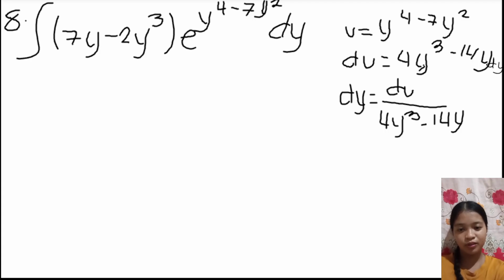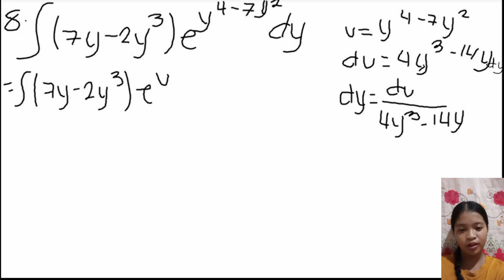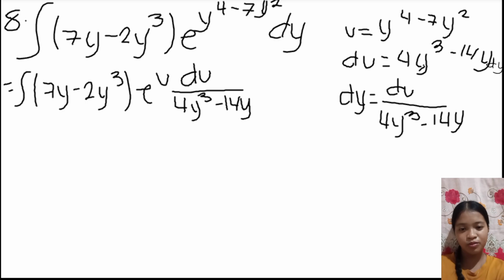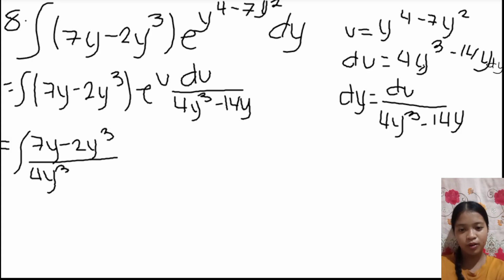So now we can rewrite it. The integral of quantity of 7y minus 2y cubed e raised to the power of u, then du over 4y cubed minus 14y. So again, we can always move the denominator anywhere. So we're going to move the denominator over to the 7y minus 2y cubed.